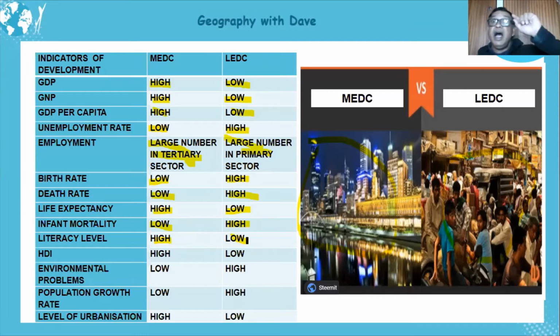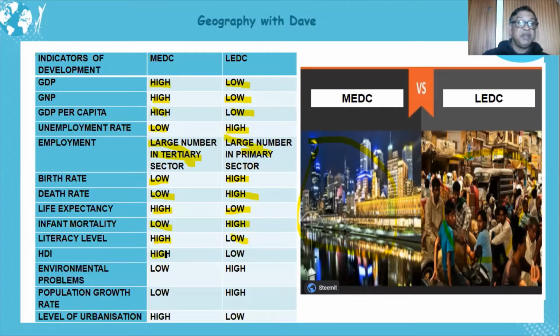In the MEDCs, because of all the facilities and the income, most people are literate. They can read, write, do arithmetic, compared to the LEDCs, where conditions are of much lower quality, not for everybody, but people can't have access to it, they can't afford it.